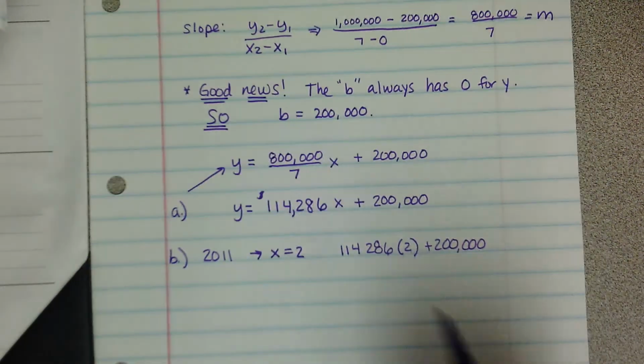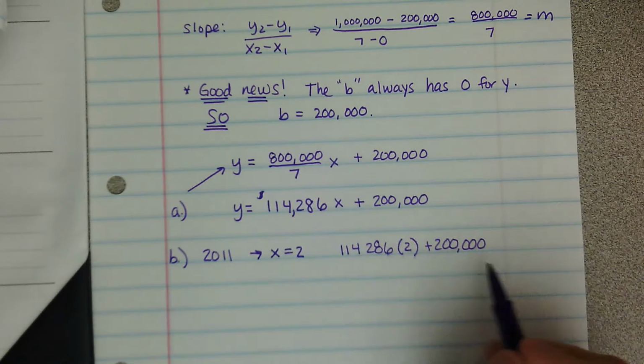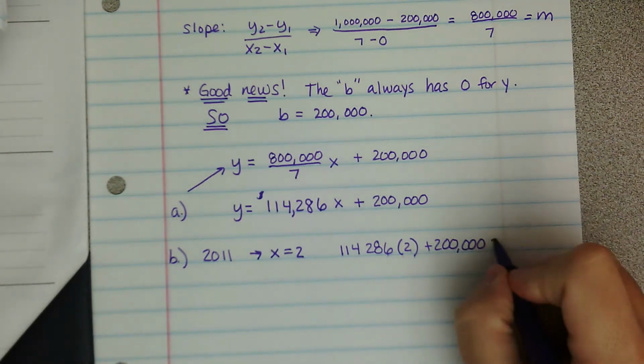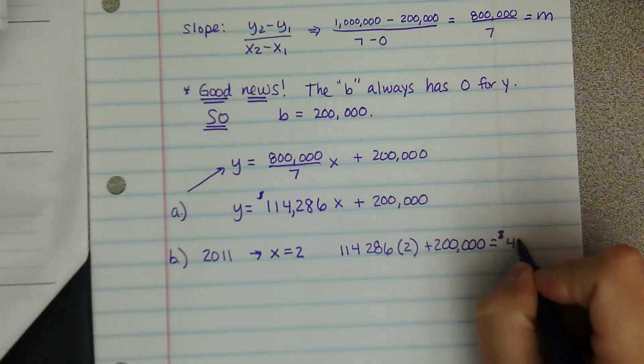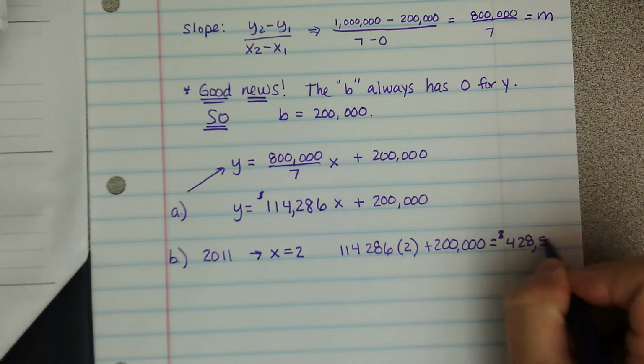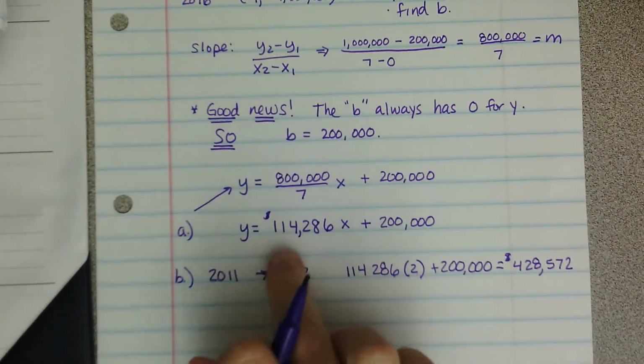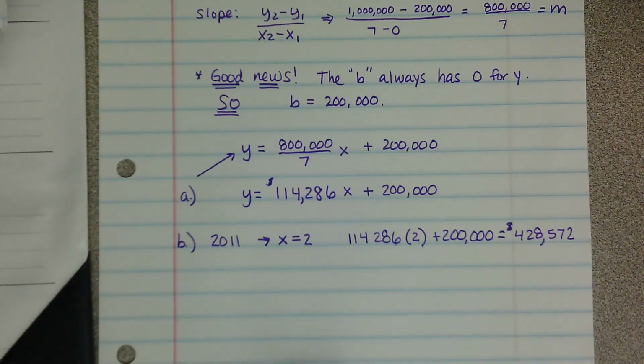Again, when you round, it's going to be a little less accurate. So this is times 2 and then plus 200,000. So this looks like approximately $428,572. It might be a little off if you use the fraction as opposed to the unit rate.